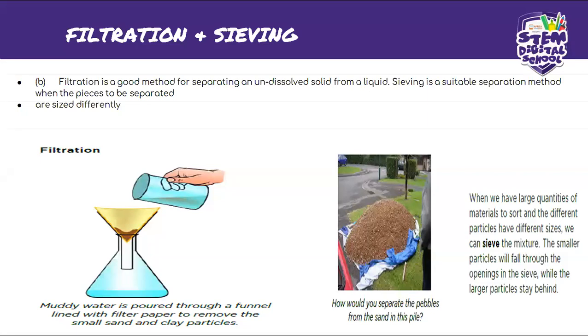The smaller particles will fall through the openings in the sieve, while the larger particles stay behind. Okay, so filtration and then sieving. Filtration is simply separating mixtures that have an undissolved solid in them.